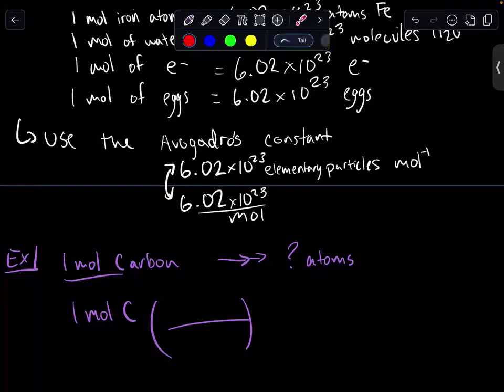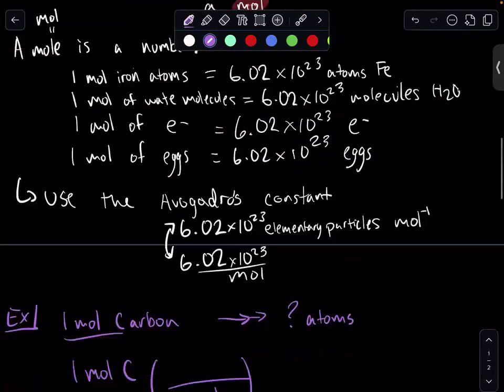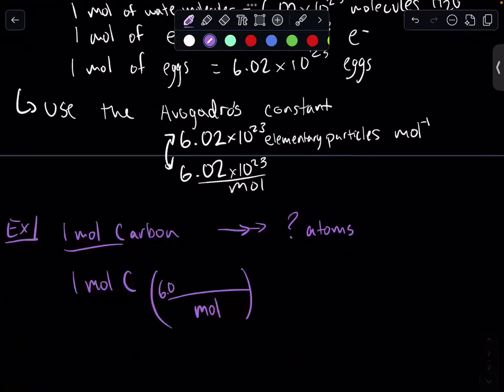Now, I notice in Avogadro's constant, mole is on the bottom. And so I'll actually keep that. So I'll put mole on the bottom, which therefore means 6.02 times 10 to the 23rd. And my elementary particle, which we described earlier in the standard, is atoms on top.